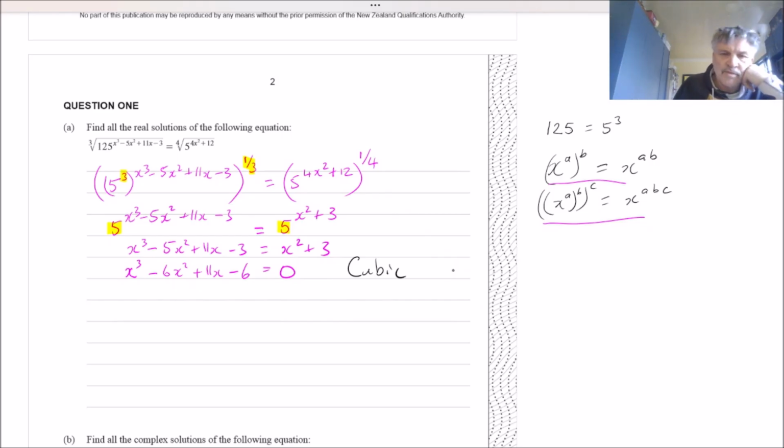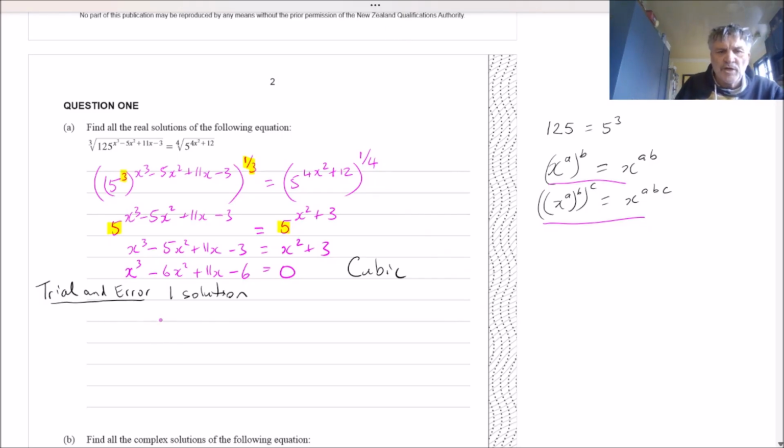Perhaps you can use a calculator. The way that I was taught as a student was to start with just a trial and error type approach to find one solution and then do some factorization from that.